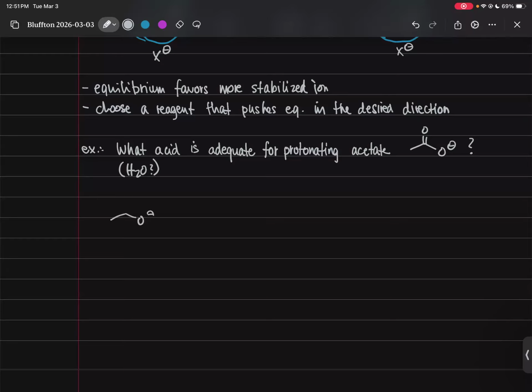So we have our acetate and water. There's our not totally drawn yet equilibrium arrow. And then we'll assume the reaction works. Water will be our acid, acetate will be our base. Base is a proton acceptor, the acid is a proton donor.